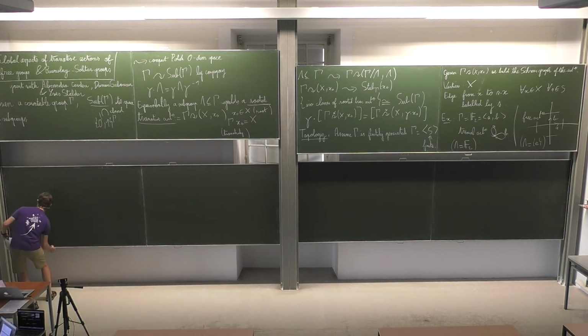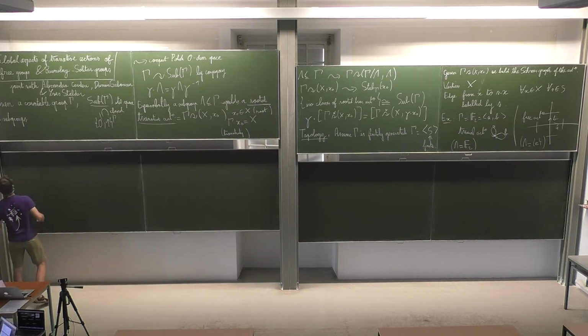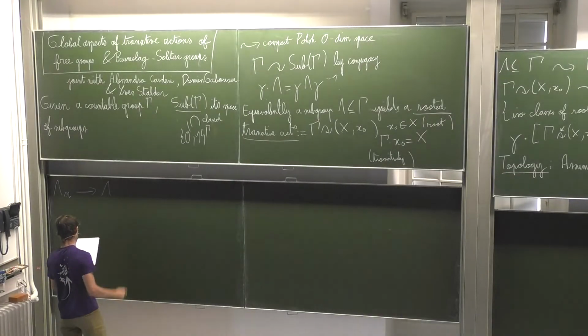So what does it mean for the sequence of subgroups lambda n to converge to lambda?